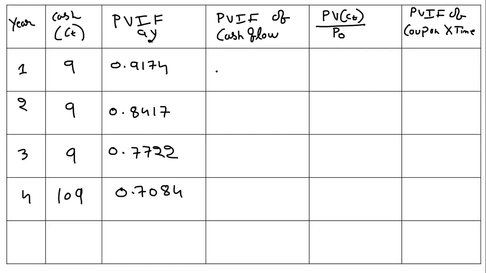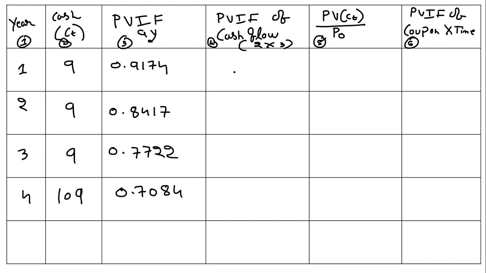Now the present value of cash flow. Here we will multiply. Just write the column numbers here: 1, 2, 3, 4, 5, and 6. So the PV of cash flow is equal to column number 2 multiplied by column number 3.